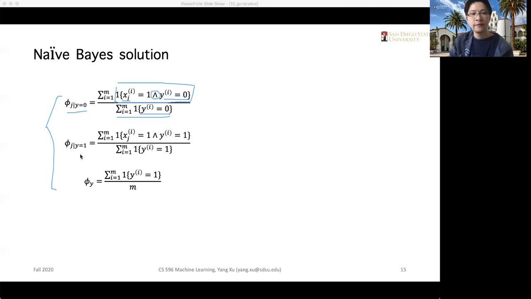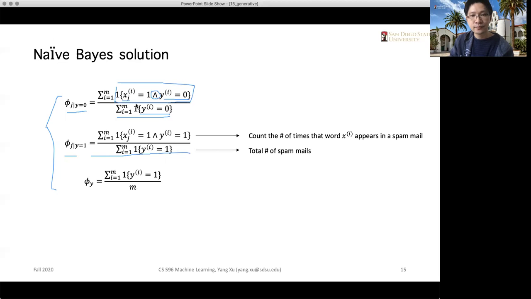If we look at the second parameter, it is the number of occurrences that the word j appears in the spam mails, because this time yi is 1. The denominator is the total number of spam mails. And the prior phi y is the ratio of spam mails.